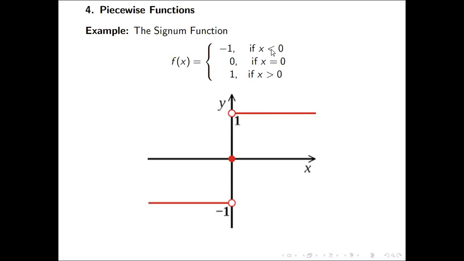How many values does the function take? Only 3, a finite number of values: -1, 0, 1, so that would be the range. So the domain is R and the range is {-1, 0, 1}. So use set notation.